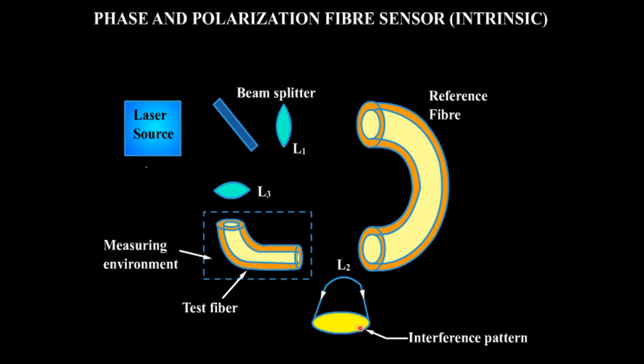And then some photographic plate or recording arrangement is there to get the received light. So from this, we have the entire setup of the intrinsic sensor. Let us talk about the working of the intrinsic sensor.